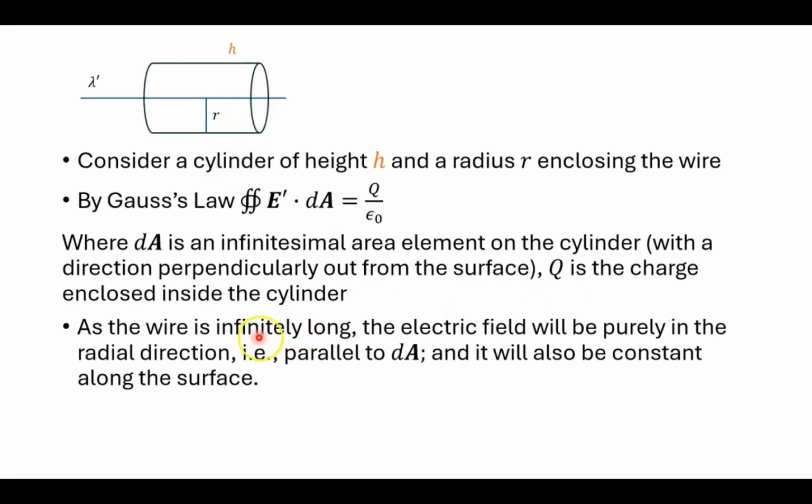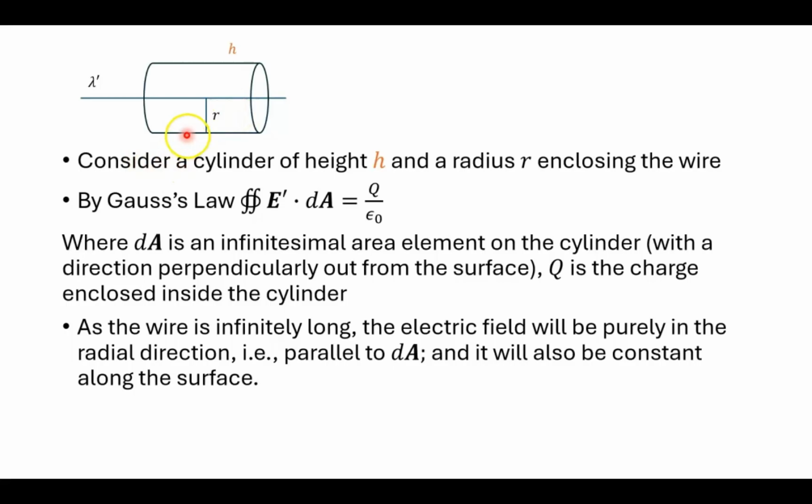As the wire is infinitely long, the electric field will be purely in the radial direction, so parallel to dA. Because if you look at the electric field here, a tiny amount of charge here produces an electric field in this direction. But you can also find an equal amount of electric charge here with the same magnitude, producing an electric field here.